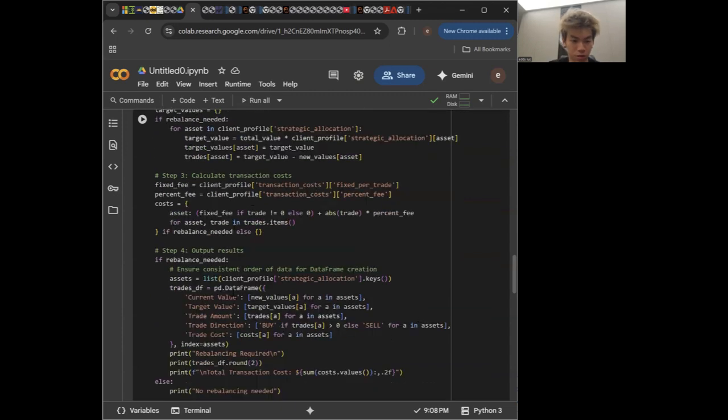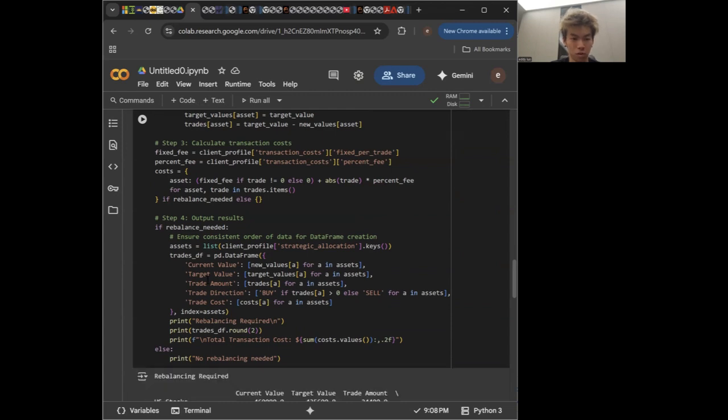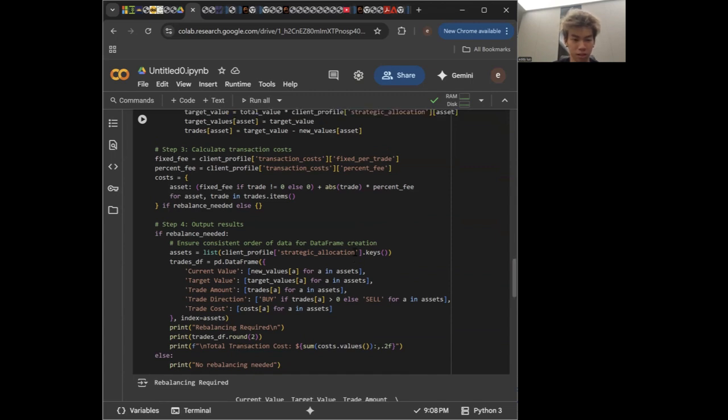Then this chunk of code presents the rebalancing results if the portfolio needs to be rebalanced, showing how many trades are involved and the cost of the rebalance. All right, let's run this.